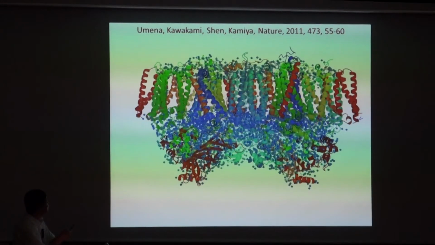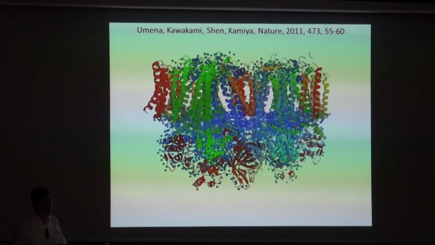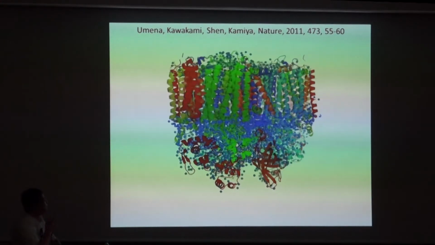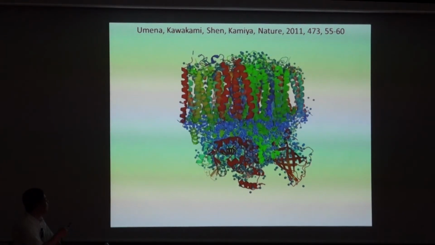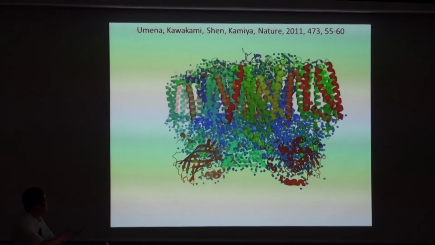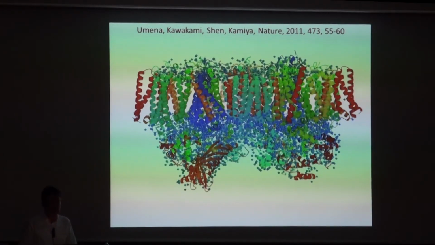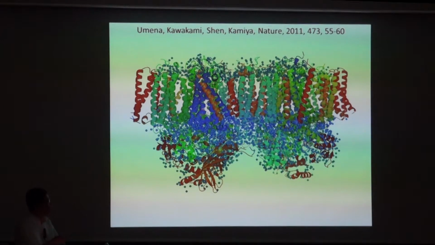And these blue dots represent water molecules. So water molecules are found on the surfaces of the two sides of the membrane. In the middle region, because it is a transmembrane region, it is hydrophobic, so there are very few water molecules in the middle. Most of the water molecules are distributed on the surface of the membrane, which is hydrophilic.